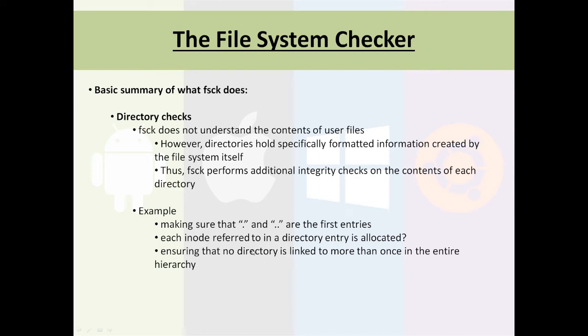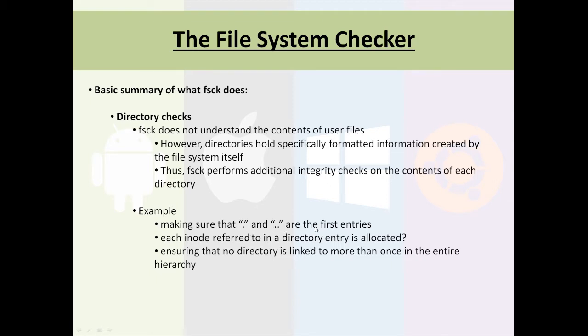In terms of directory checks, FSCheck doesn't actually understand the contents of user files. However, directories hold specifically formatted information created by the file system itself. Thus, FSCheck performs additional integrity checks on the contents of each directory. For example, it makes sure that dot, which is the current directory, and the parent directory are the first entries.